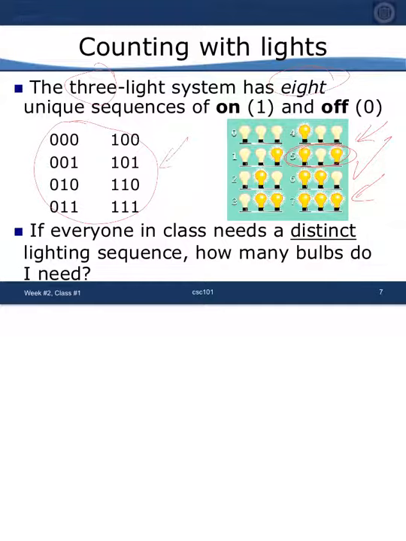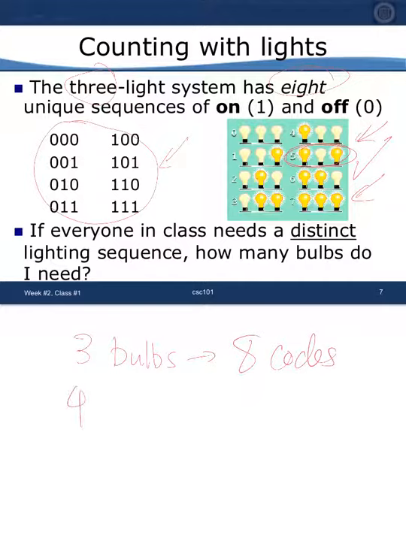All right. And I think in the homework I asked you to consider what about if you had 4 bulbs? If I had 3 bulbs like we see in the picture here, we could make 8 codes or 8 sequences up here.